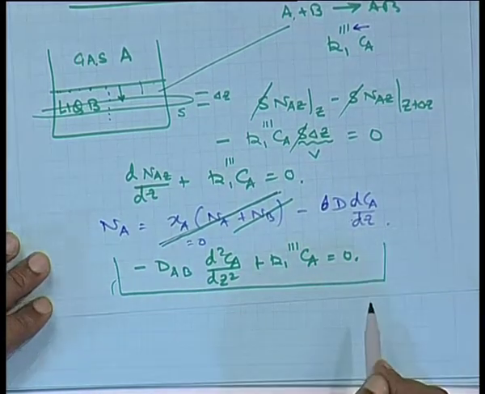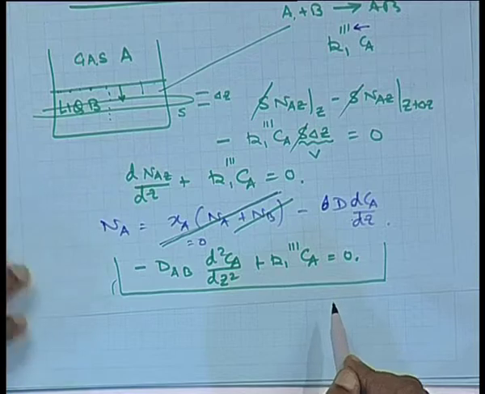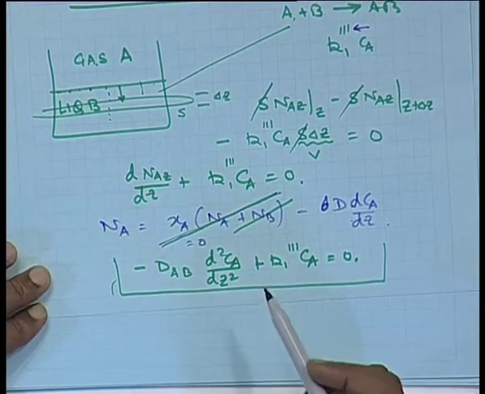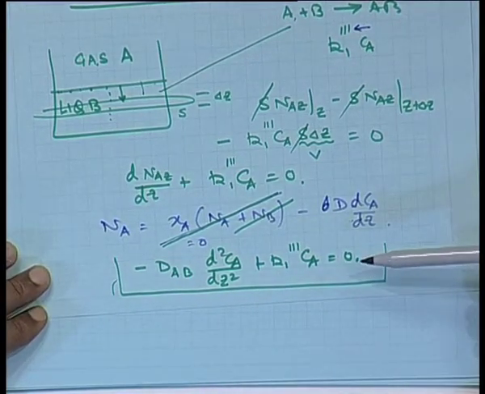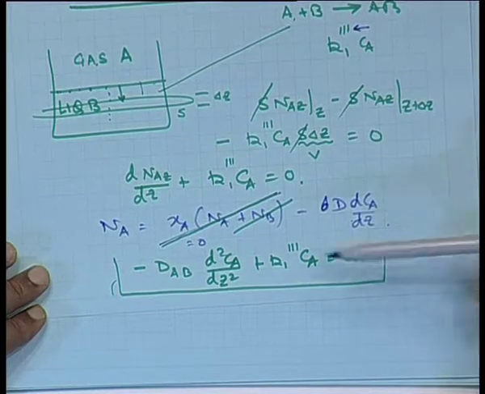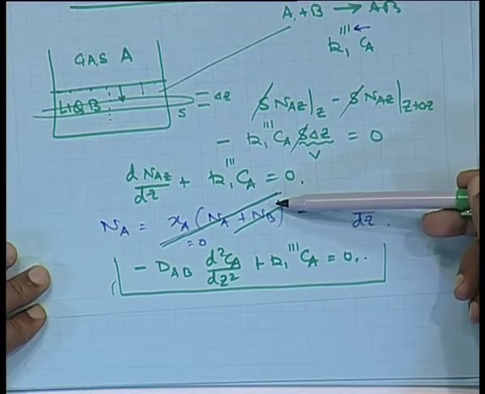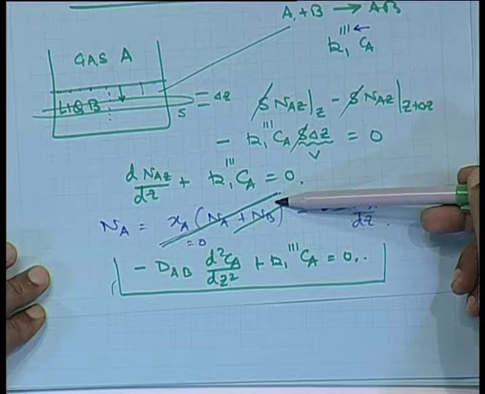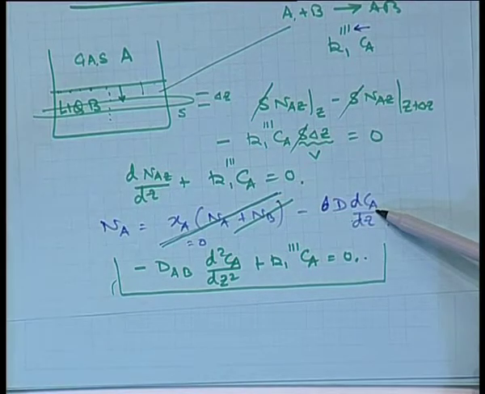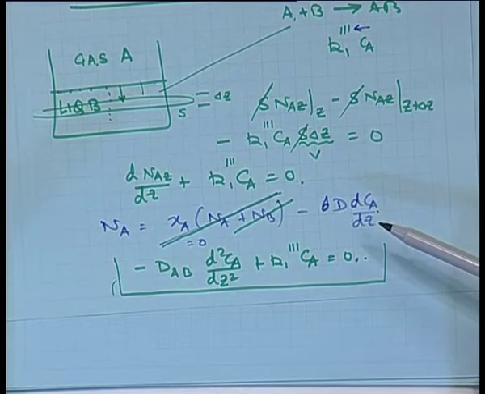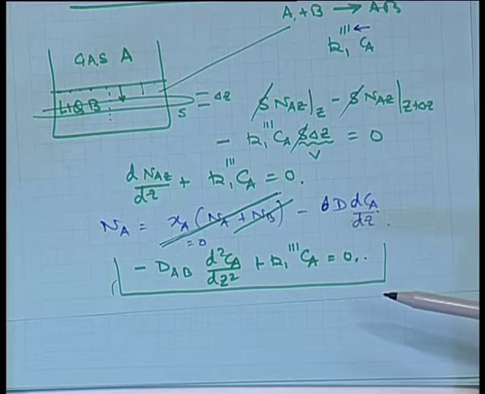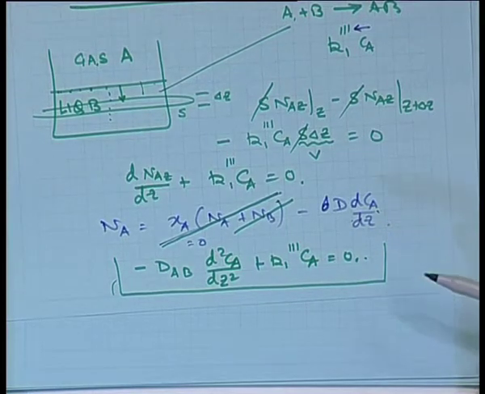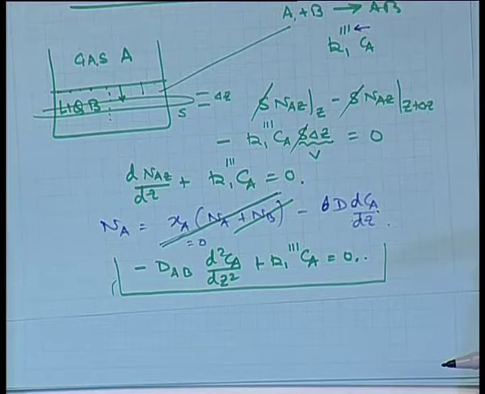So, this would be the governing equation. I do not think we have time today for discussion of the boundary conditions, which we will do in the next class, but what we have seen here is that a simple equation results when we neglect the bulk term. It is only diffusion, which is a logical approach to take for sparingly soluble gases in stagnant liquids when the amount of absorption is not much.